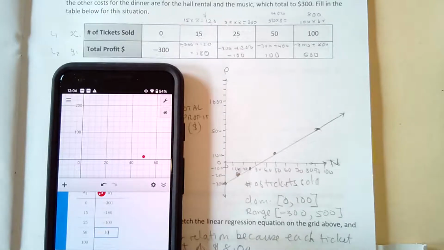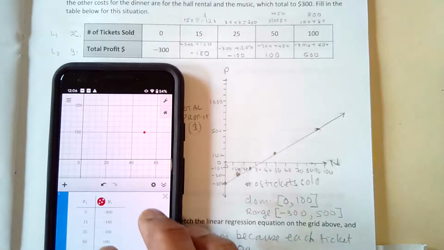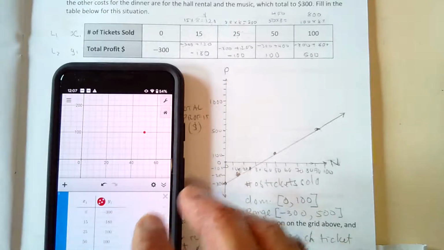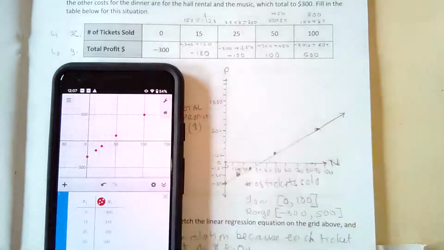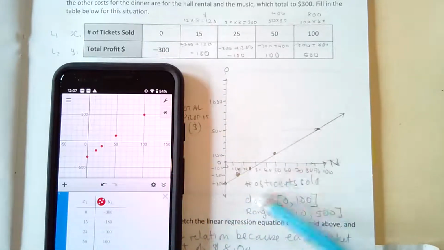Now we start to make some profit. And 500. Okay, we can press the plus sign there. Oh, sorry, I didn't do that correctly. 500, there we go. Press the plus sign. And that will zoom in to our data.